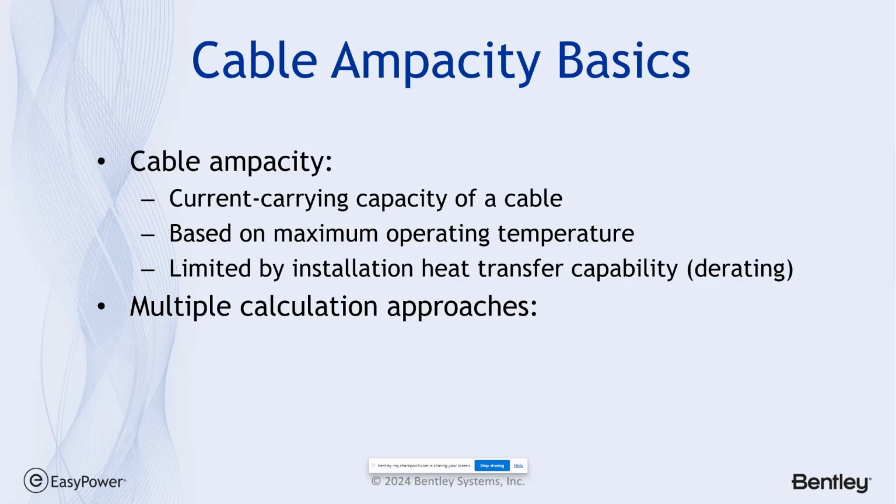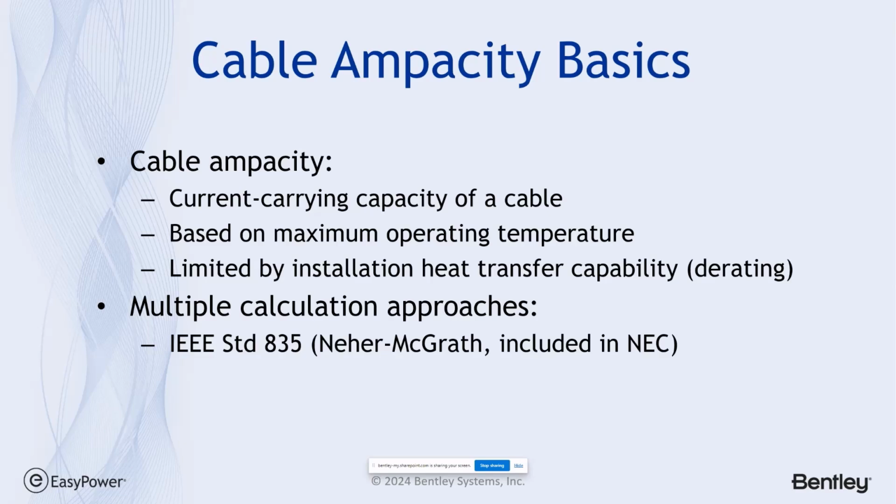EasyPower's cable derating feature accounts for some common cable installations, and we'll discuss and demonstrate that presently. There are a few methods out there for calculating cable ampacities, all of which are based on heat transfer equations. IEEE Standard 835 describes the Neher-McGrath method in detail and provides calculations for some example cable installations. This is the methodology recommended by the NEC for determining cable ampacity and will be described briefly.